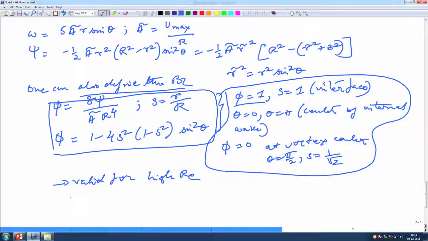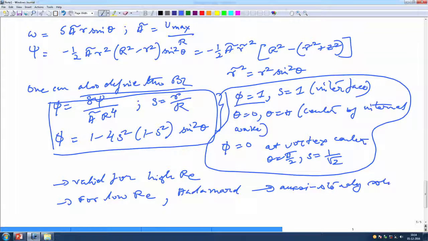For low Re, there is another solution given by Hadamard, which is also a quasi-steady solution. There also the inertial terms in the liquid and the gas are neglected because it is a low Reynolds number solution, and the linear equations are solved by separation of variables, and the Hill spherical vortex even applies there. So in the Hadamard solution, the inertial terms are neglected.